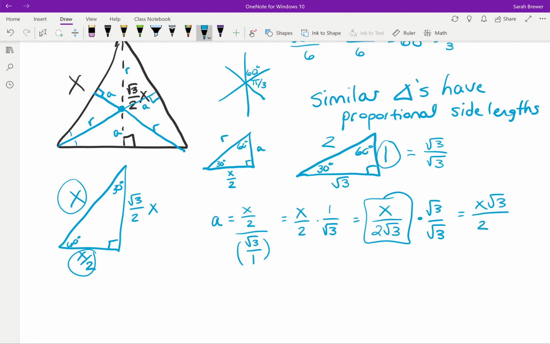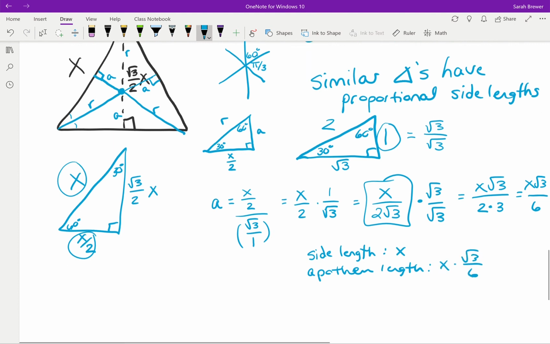Root 3 times root 3 is just 3. So it would be x root 3 over 6, which is totally fine too. So we can say that if our side length is x, then our apothem length is x times root 3 over 6.